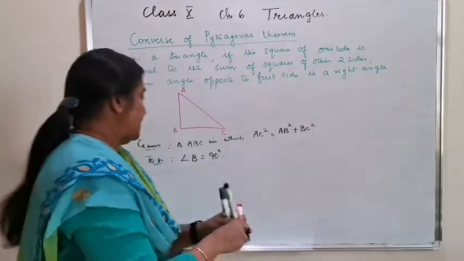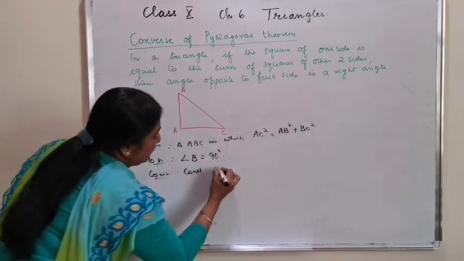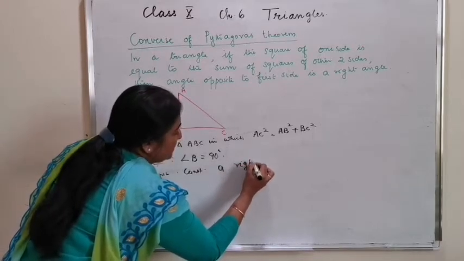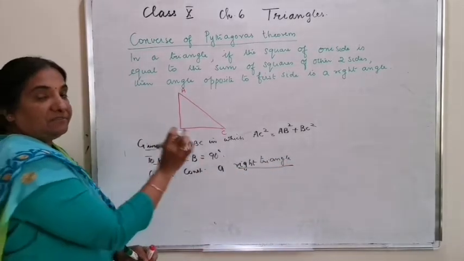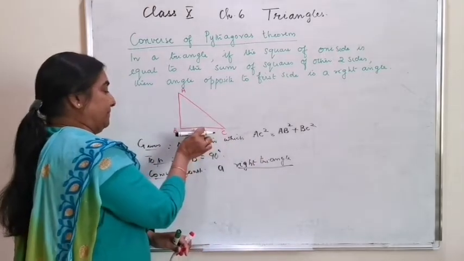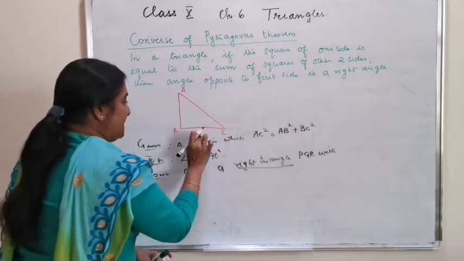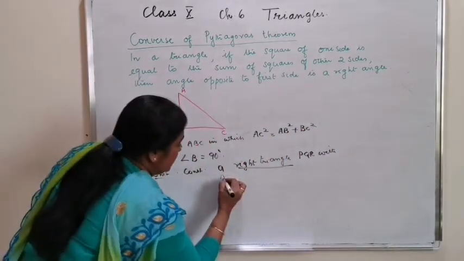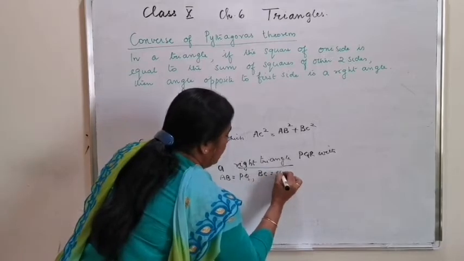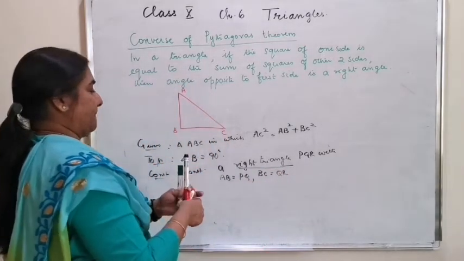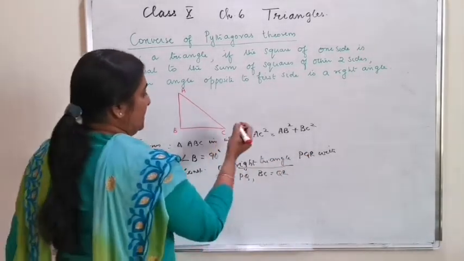That is, the construction is: construct a right triangle PQR with the length of AB as PQ and BC as QR. Let's see how it is done.